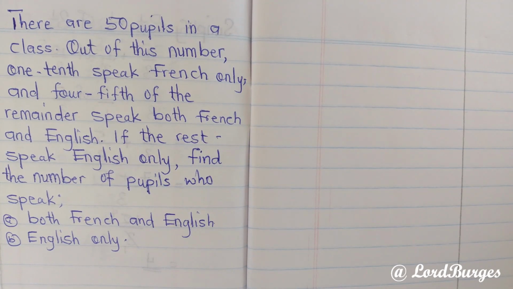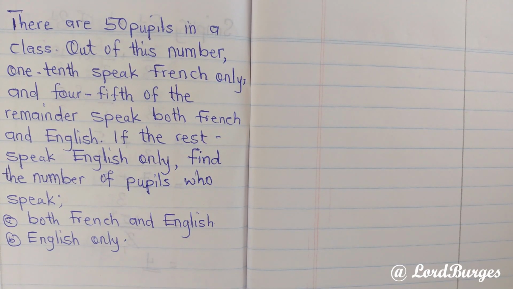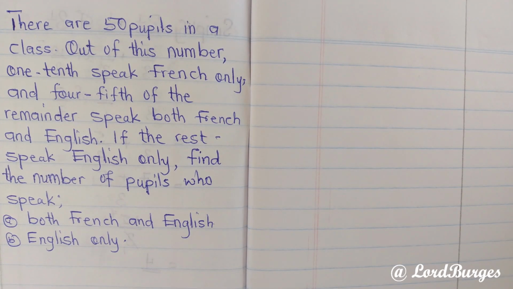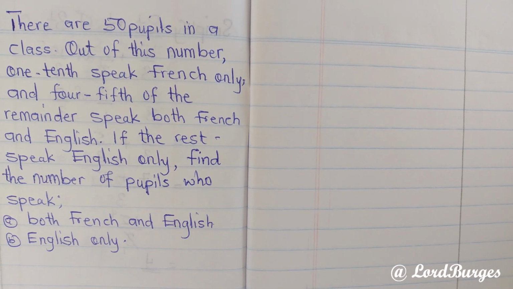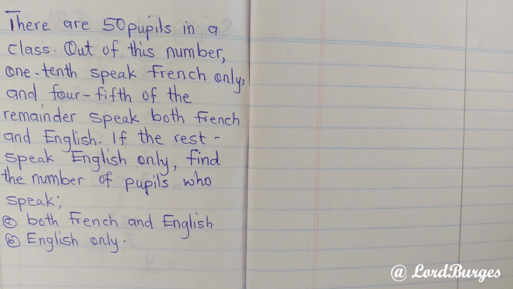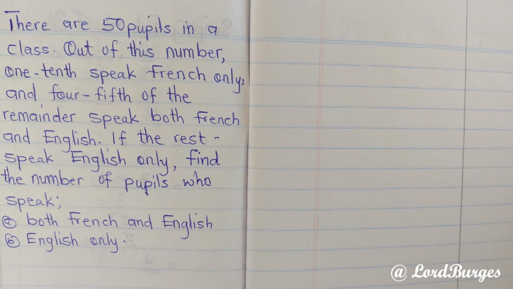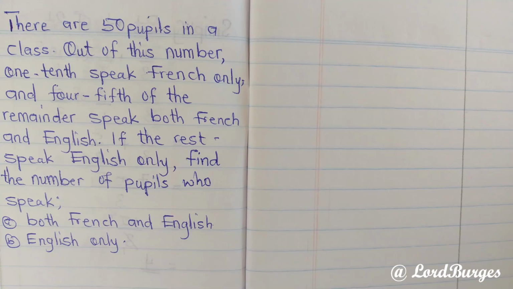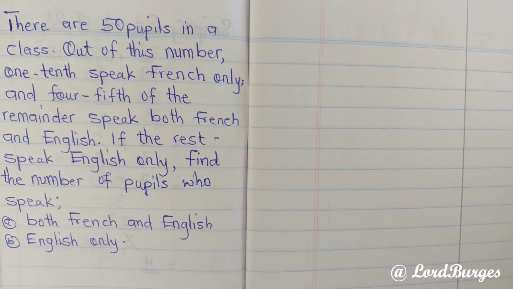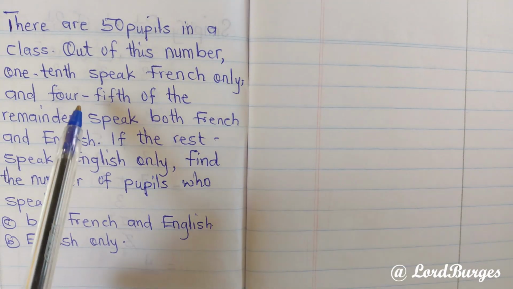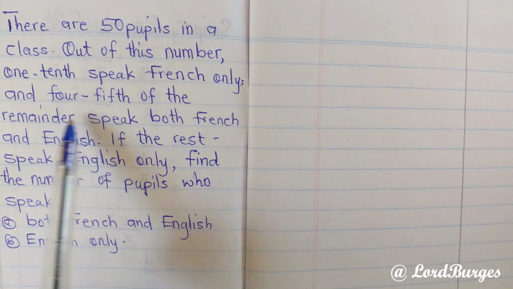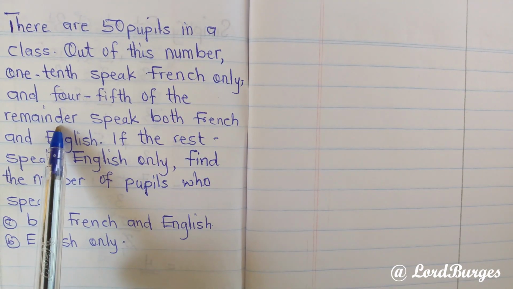So the total number of pupils in the class is 50. But out of the 50, 1/10 speak French only. Therefore, per the question, the first thing we are supposed to do here is to find the number of pupils who speak French only. When we get the number of people who speak French only, we can now get the remainder, because we will take the French only from the total, then we get the remainder.